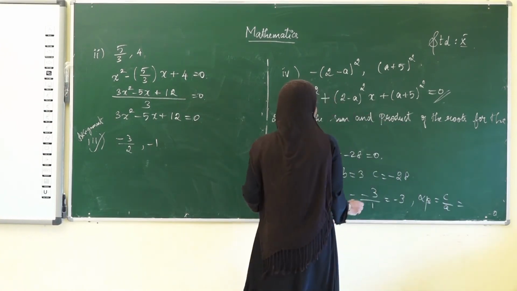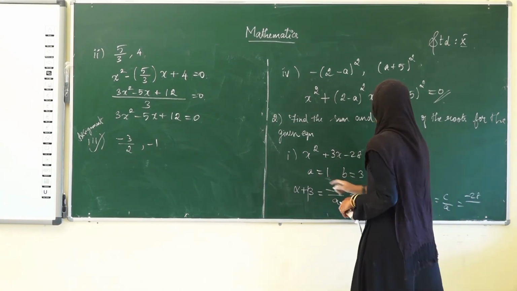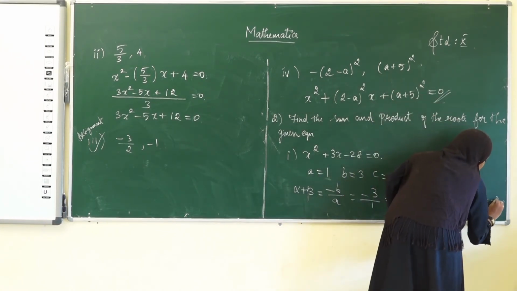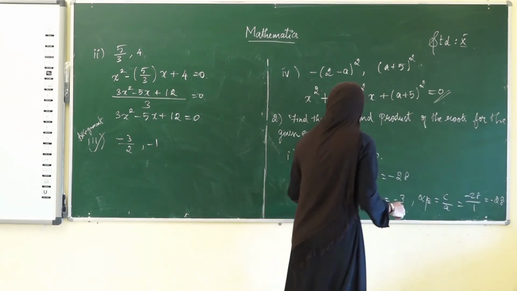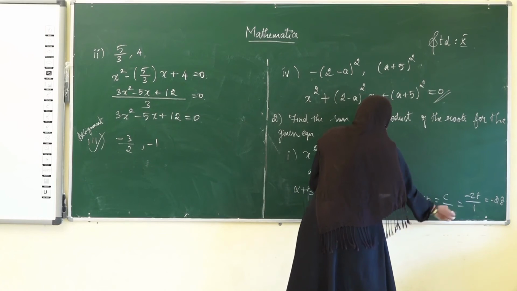What's the value of c? Minus 28. Value of a is 1. The answer is minus 28. Therefore, the sum of the roots is minus 3 and product of the root is minus 28.